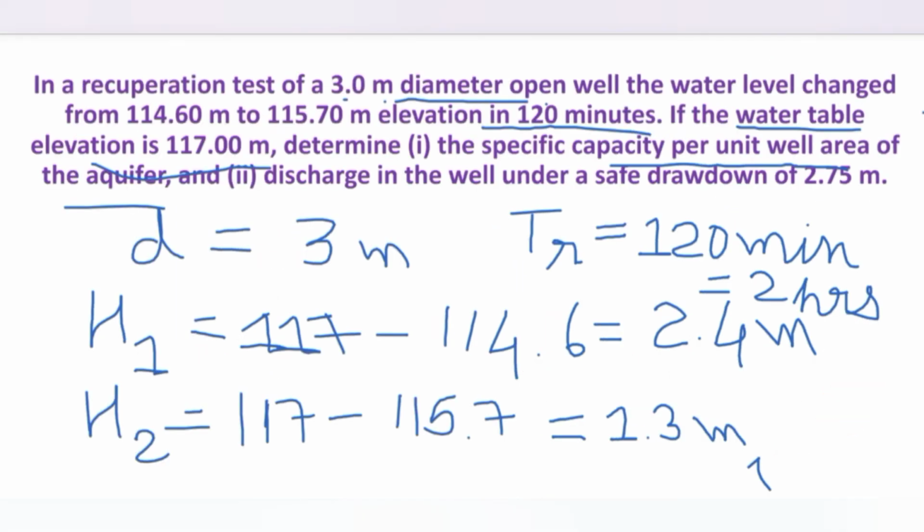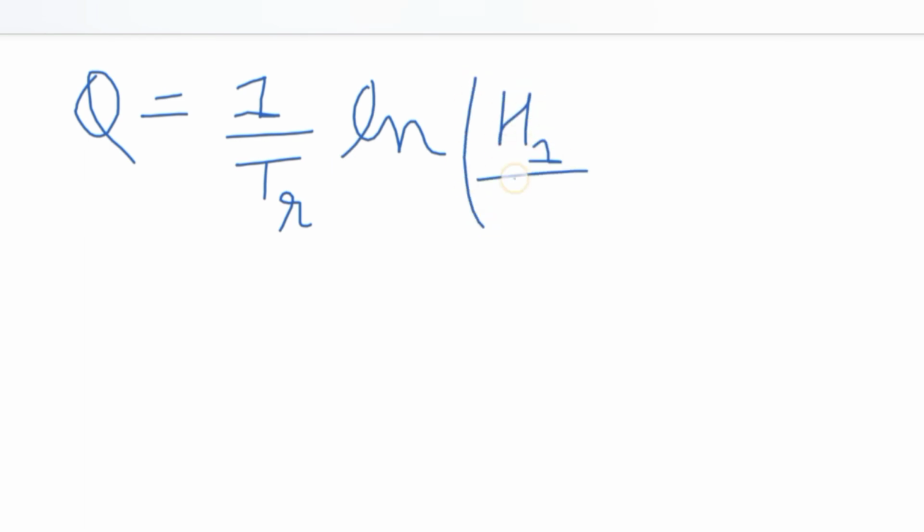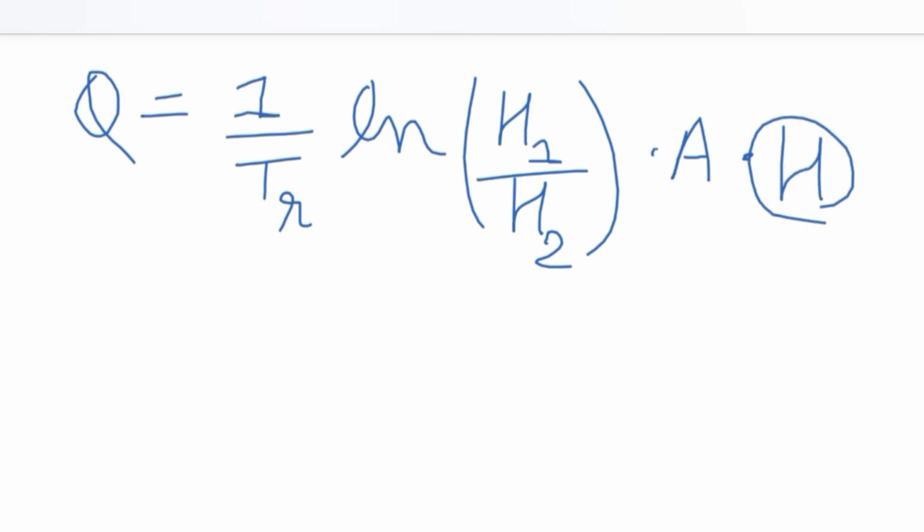Next question is, find the discharge in the well under a safe drawdown of 2.75 meter. For recuperation test, discharge is equal to 1 upon Tr ln H1 upon H2 into area of well into H. H is the drawdown.